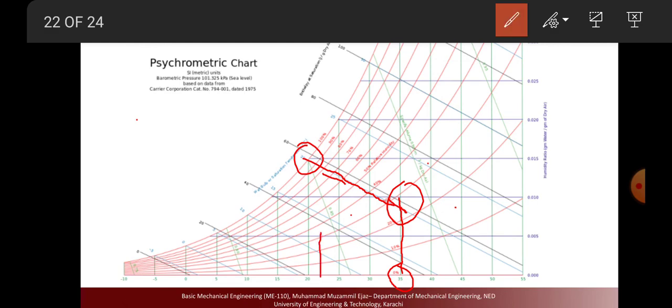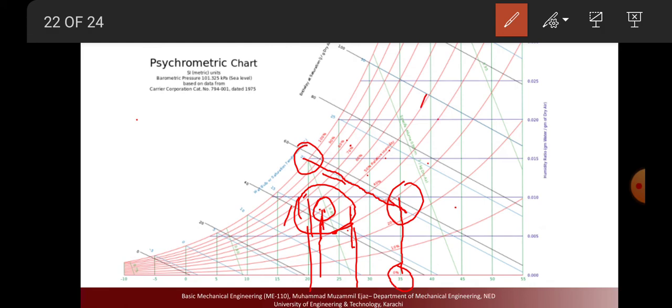This is 23 degrees centigrade, and this is 50% relative humidity. This is the actual target of a comfortable zone, but it may range from 60% relative humidity to 35 to 40% relative humidity, and the temperature range could be 23 to 26. This might be the range of the comfortable zone.